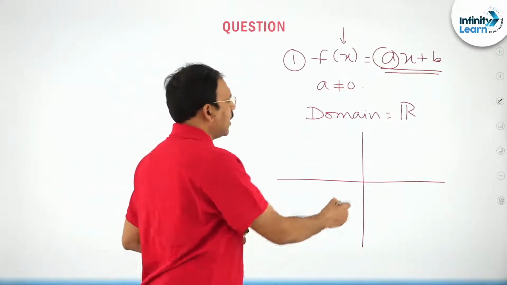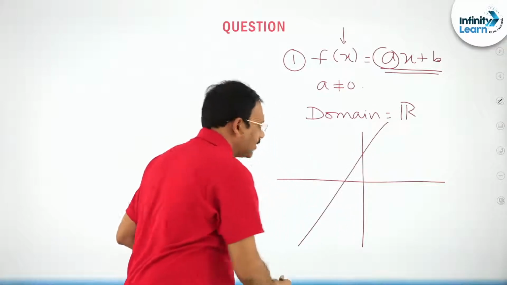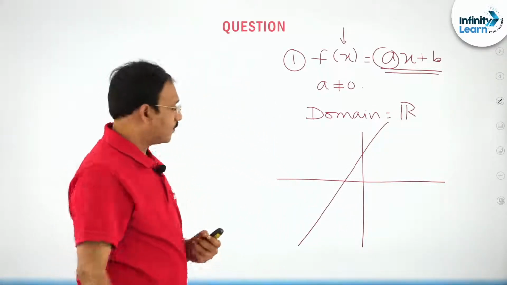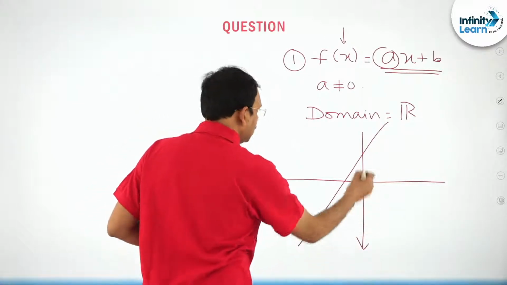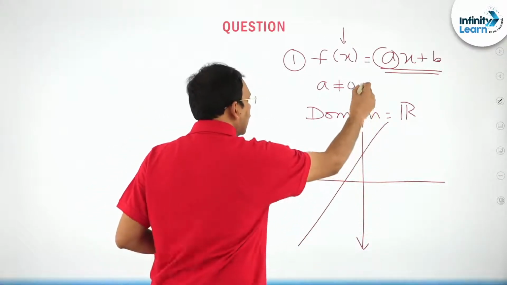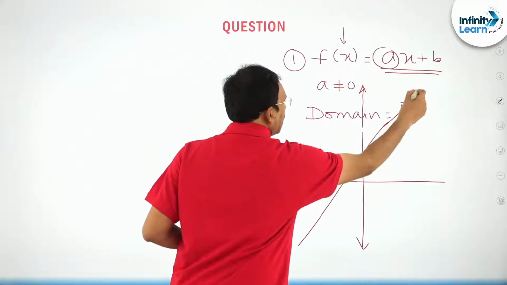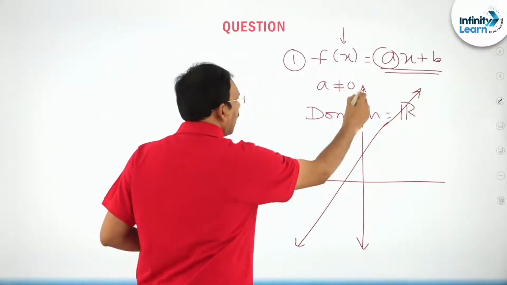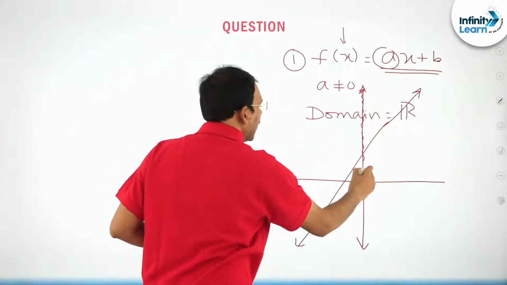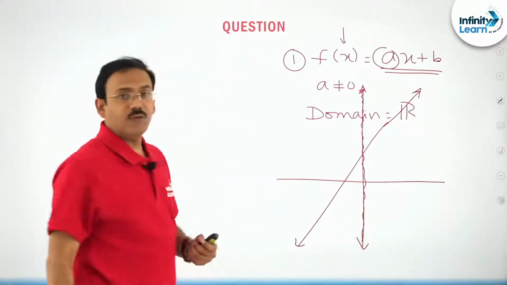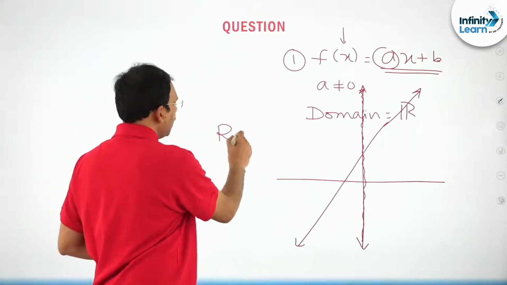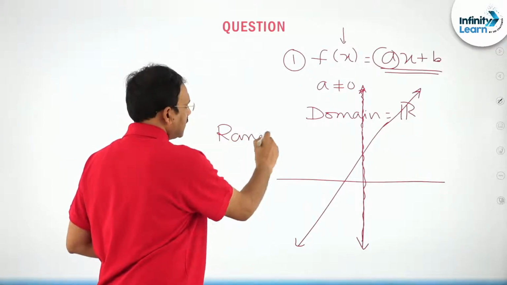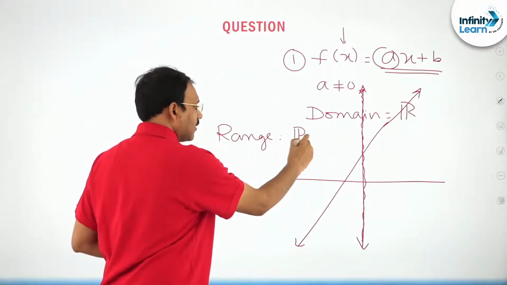If a is positive, the line may be like this with a positive slope. Then you can observe that as the line goes indefinitely, all the values on the y-axis are covered. So we can say for this function, range is going to be R.